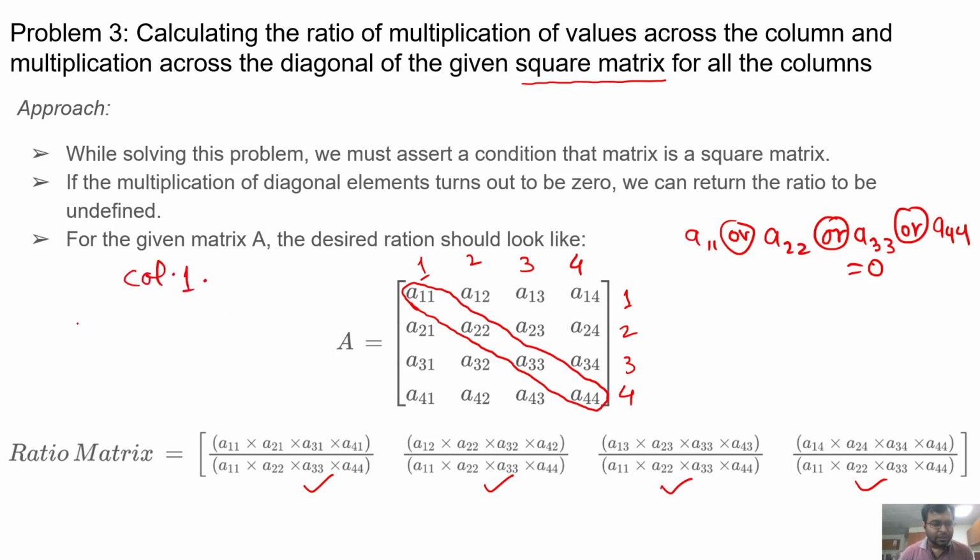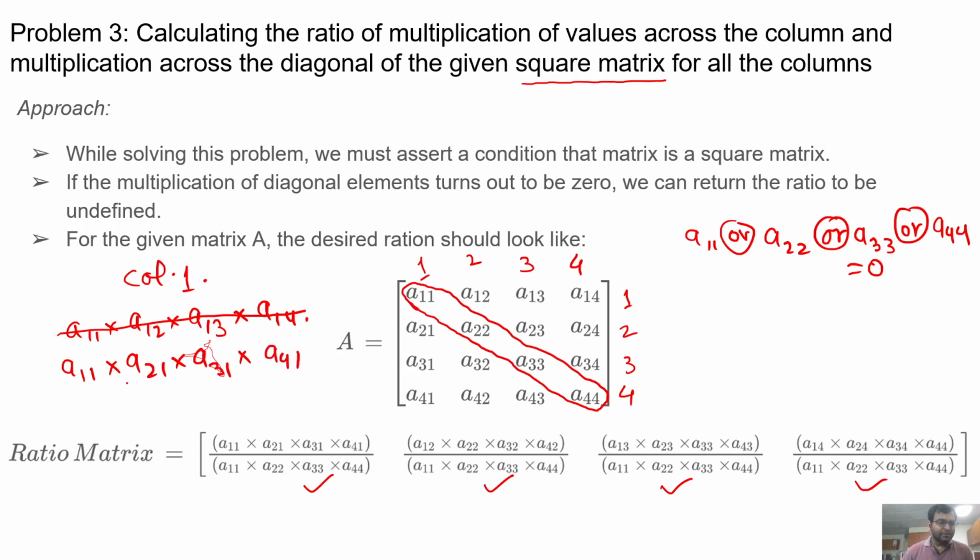For column 1 it should look like a11 into a21 into a31 into a41.